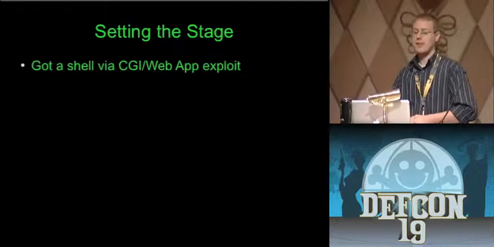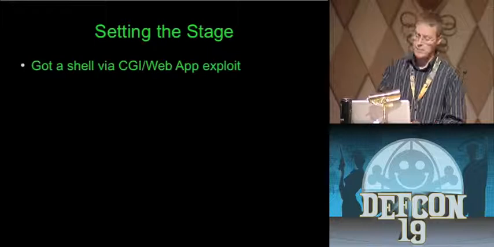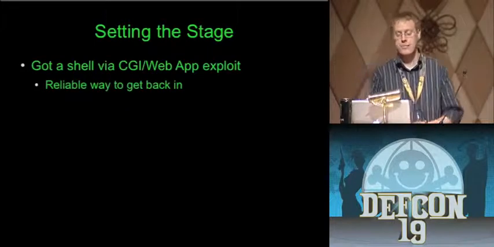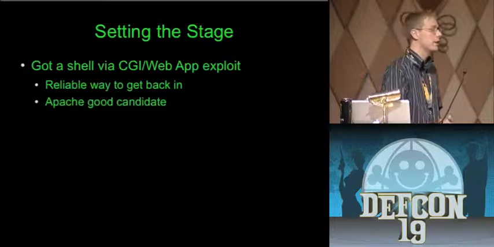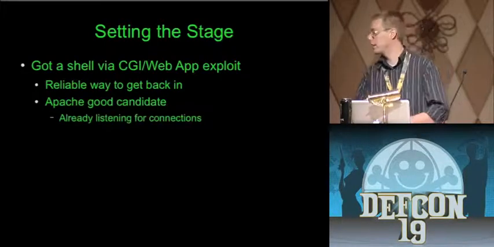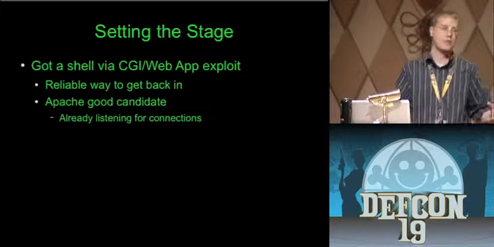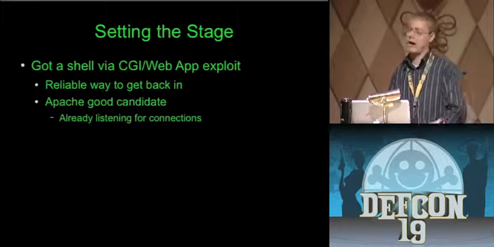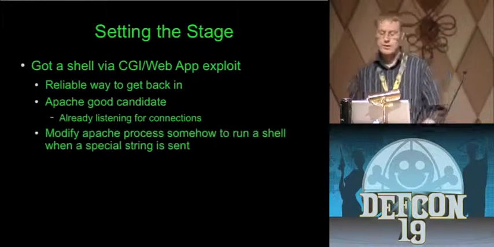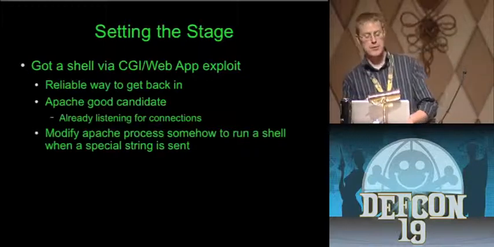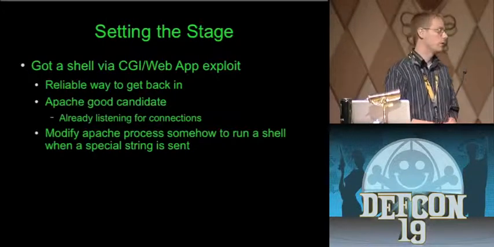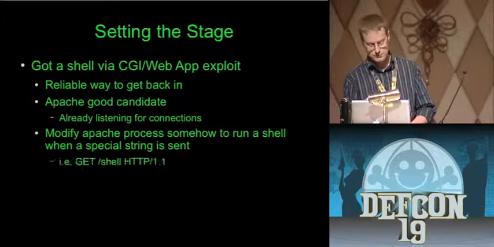To set the stage, I've got a shell via a CGI web application exploit, and I need a reliable way to get back in. Apache is a really good candidate to target because it's already listening for connections. It's already got its front door open saying, come right on in. My end goal is to modify the Apache process to run a shell when a special string is sent.